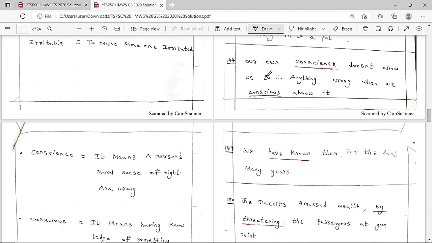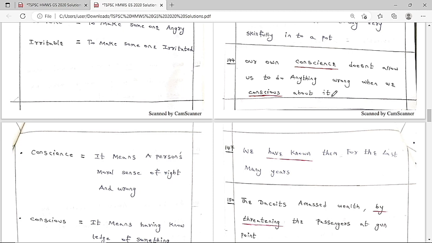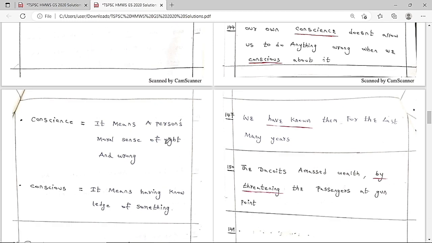You can see clearly here, our own conscience doesn't allow us to do anything wrong when we are conscious about it. Conscience means a person's moral sense of right and wrong. Conscious means having knowledge of something or awareness of something.